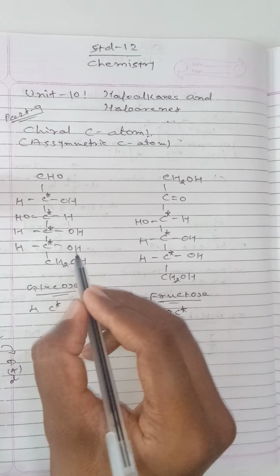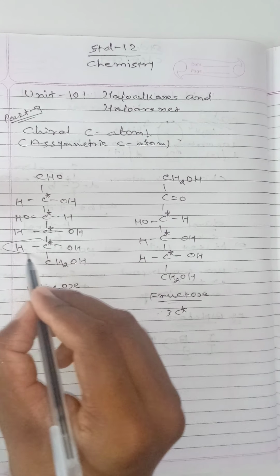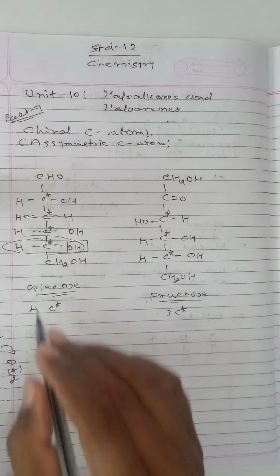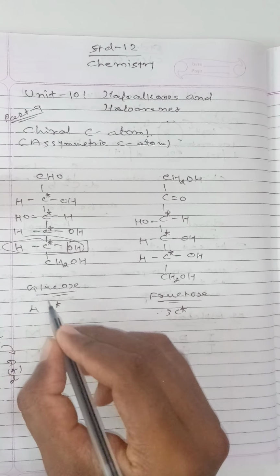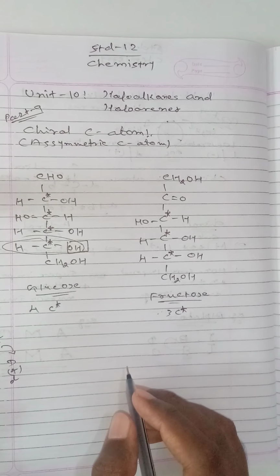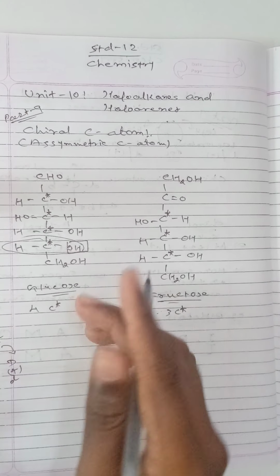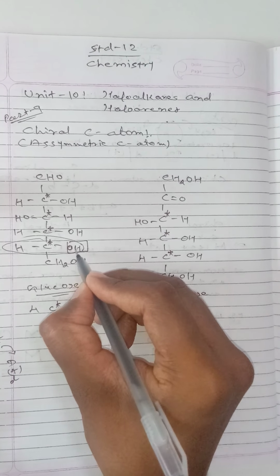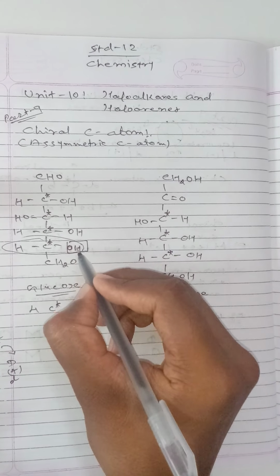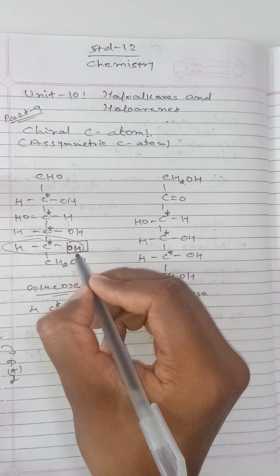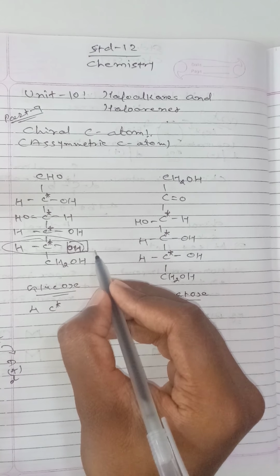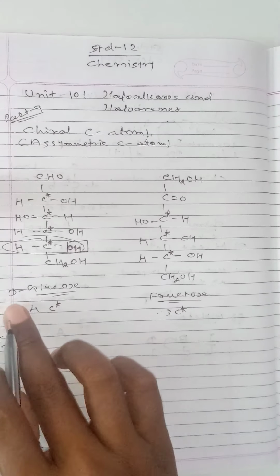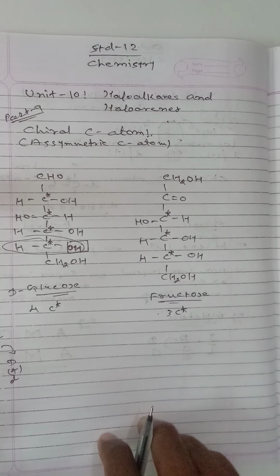Simple, always check the last hydroxyl group in the glucose or fructose structure. Suppose the last OH group is at the right hand side, it is said to be D-glucose, dextrorotatory glucose.